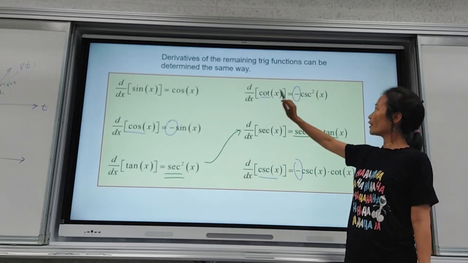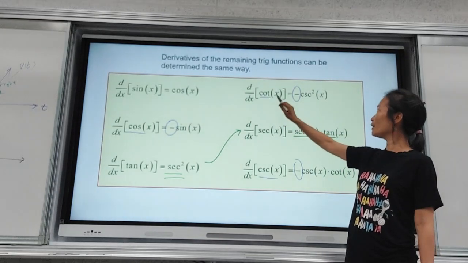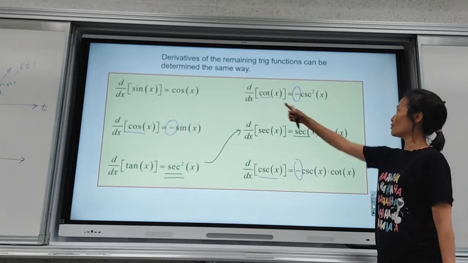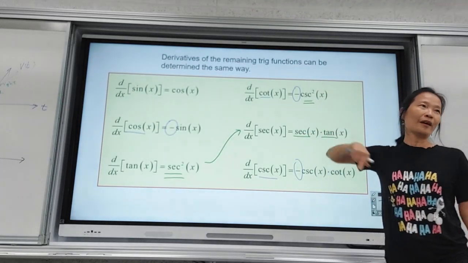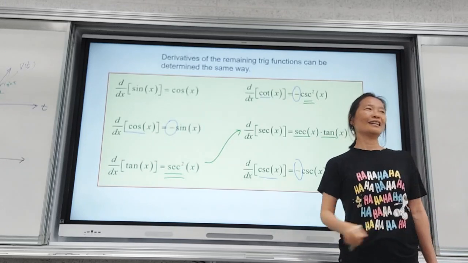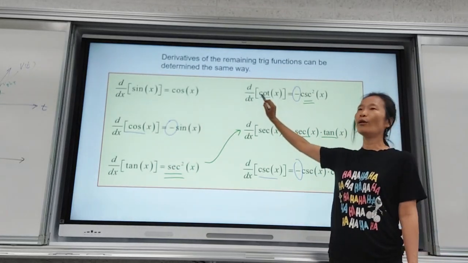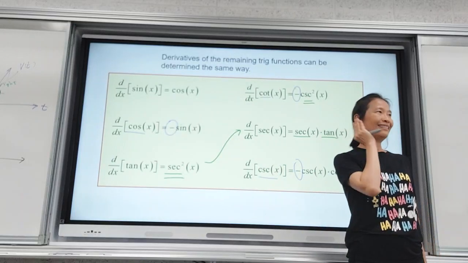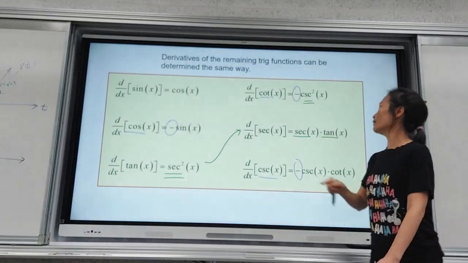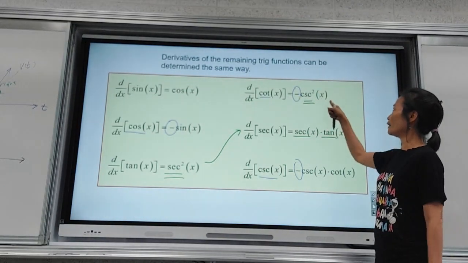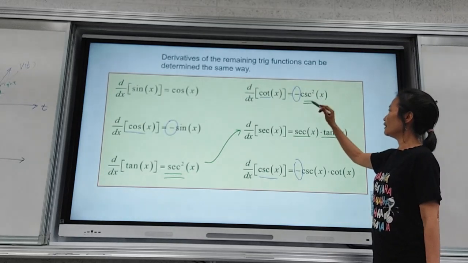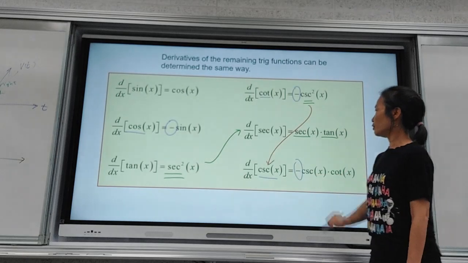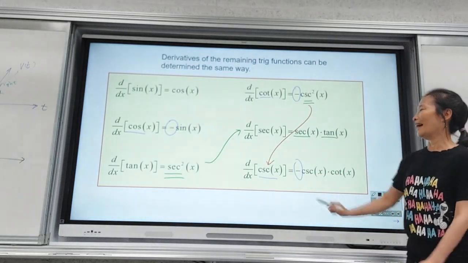Next, the derivative of cotangent. Secant is already associated with tangent, so the other part is cosecant, and then it's negative, because there's a co. Anything with a co, except cosine, is negative: cosecant, cotangent are all negative. Negative 1, cosecant squared.